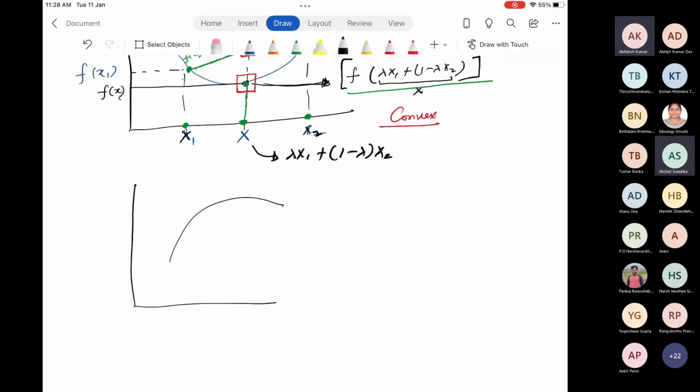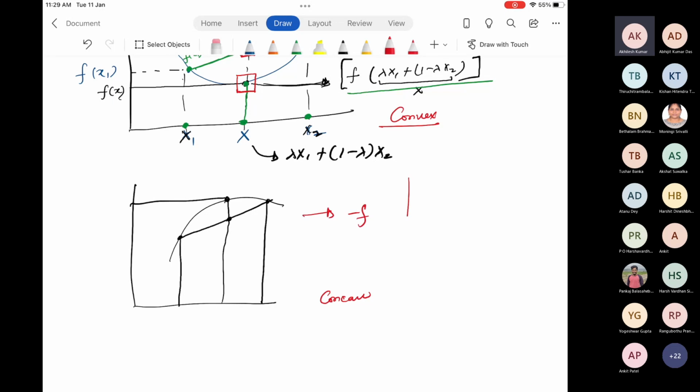By Jensen's inequality, if you take the functional values of these two, the resulting value will be coming here, but the convex combination of points will have larger value than the convex combination of the functional values. So that's why it is nothing but concave. If you go by structure also, if you do a minus f, it looks like this.